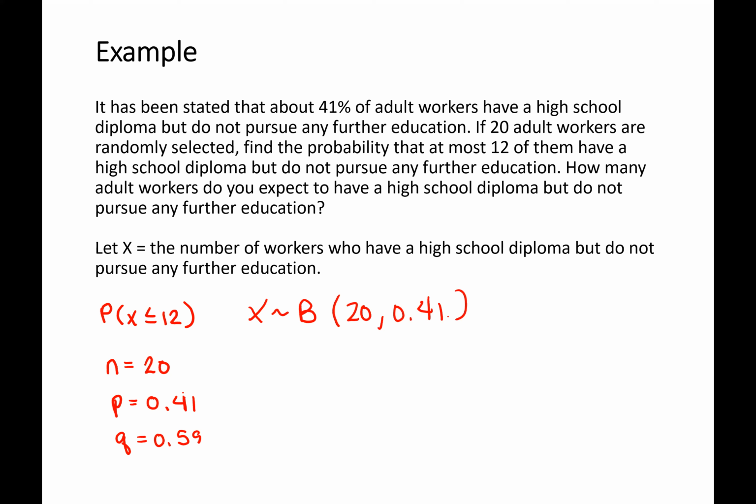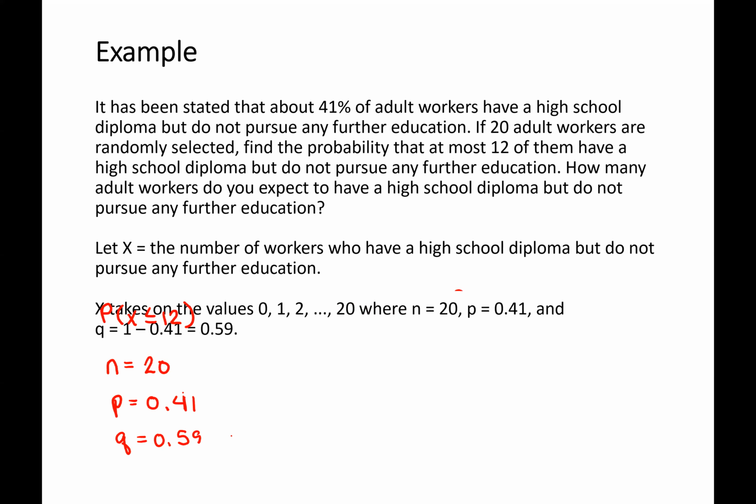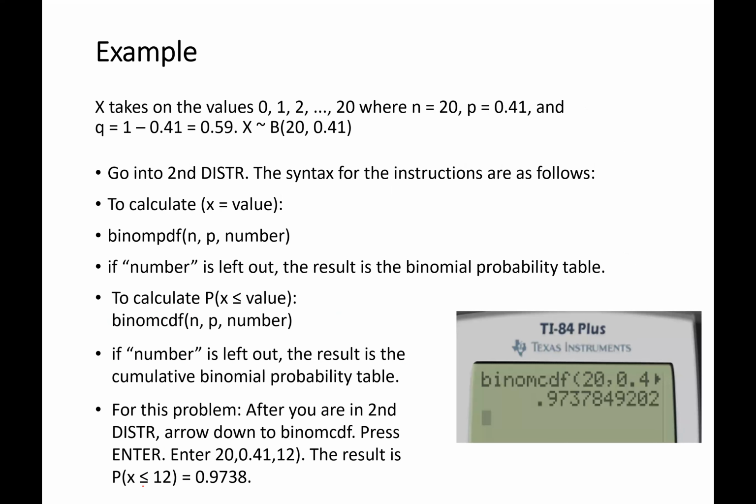And we're looking for the probability that X takes on values less than or equal to 12. All right, so how do we do this on our calculator? Let's run over to our calculator and see if we can do this.